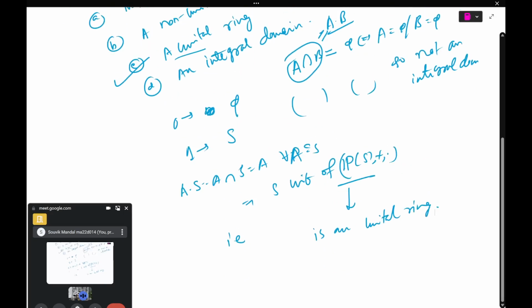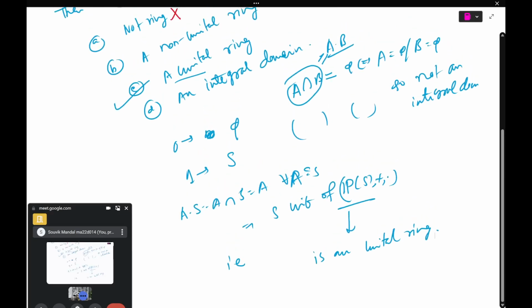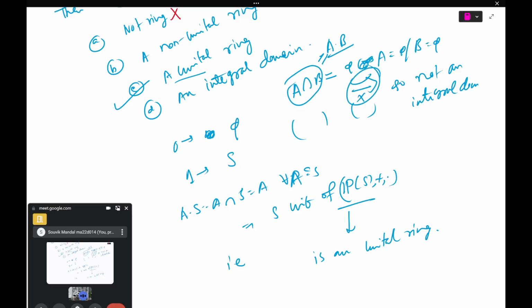First, it is a ring obviously. Then about the integral domain, we need to check A dot B equal to zero implies A equal to 0 or B equal to 0. Now A intersection B empty, sorry, it is not if and only if. It does not imply A equal to empty or B equal to empty. So it is not an integral domain.